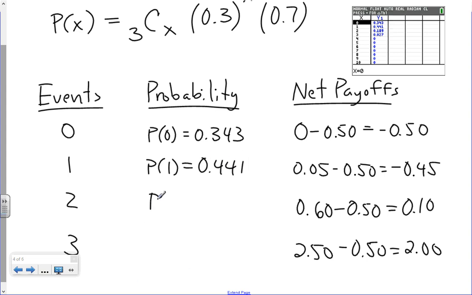P of 2 is equal to 0.189. And P of 3 is equal to 0.027. It's about a 3% chance that you're going to make all three. So not a very good chance at this game.